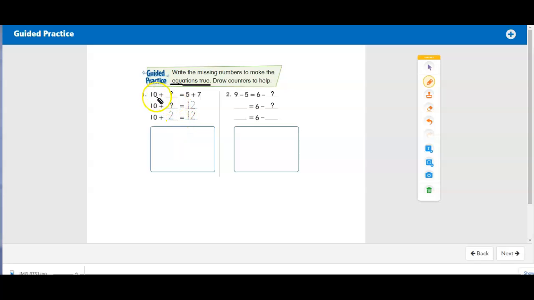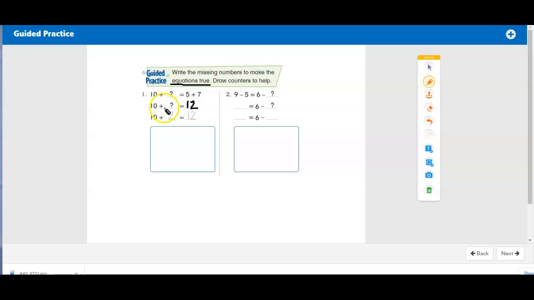So we had 10 plus blank equals 5 plus 7. Next, they solved for what 5 plus 7 was. So 5 plus 7 is 12. So now they need to know 10 plus blank needs to be equal to 12.